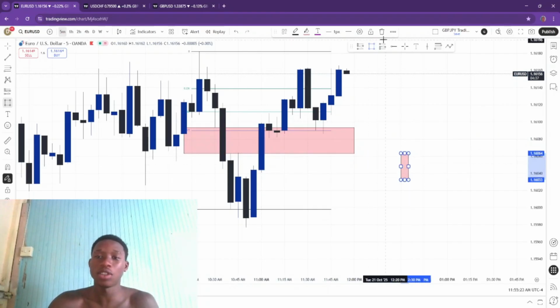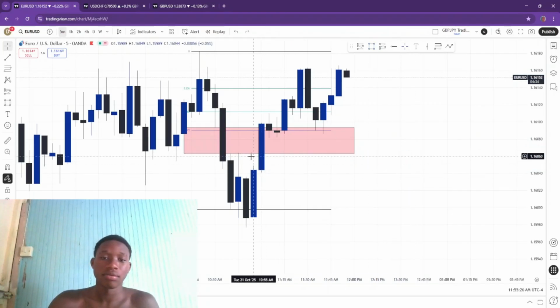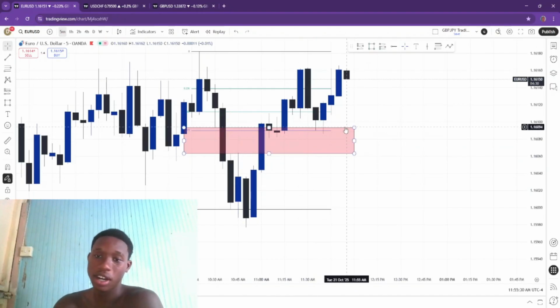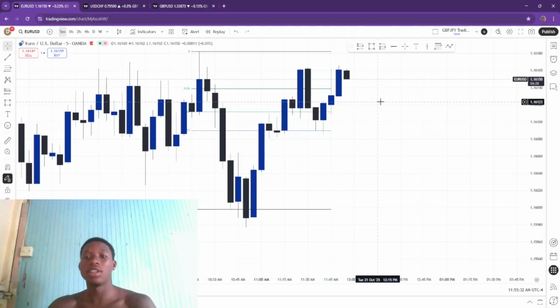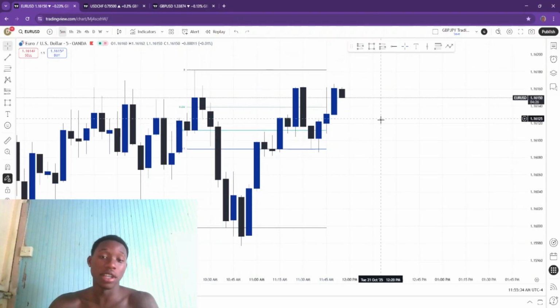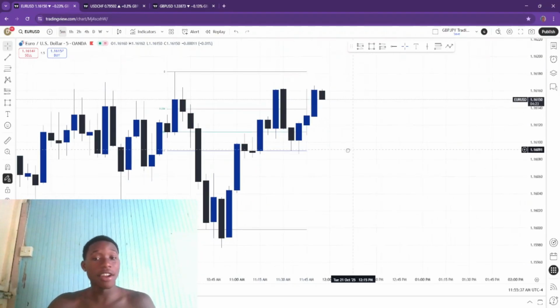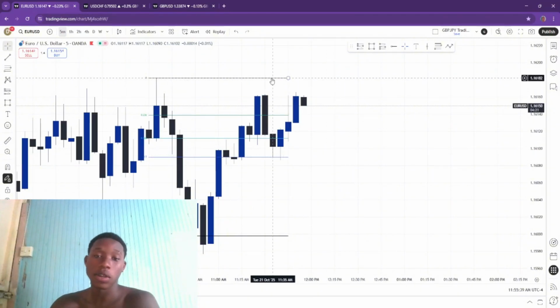We don't take trades when there are filled or touched FVGs in the trend leg. So we don't take that trade, and if we had taken it, we would have been in a drawdown right now.